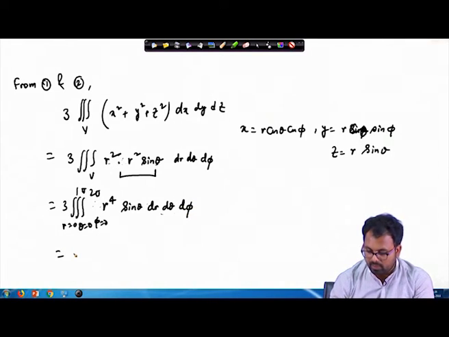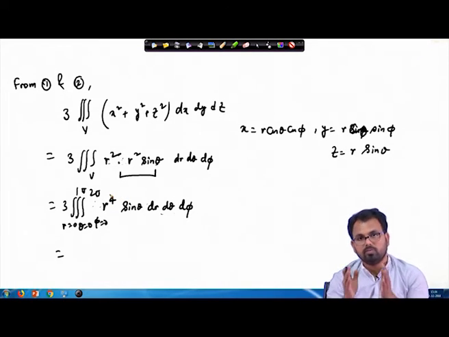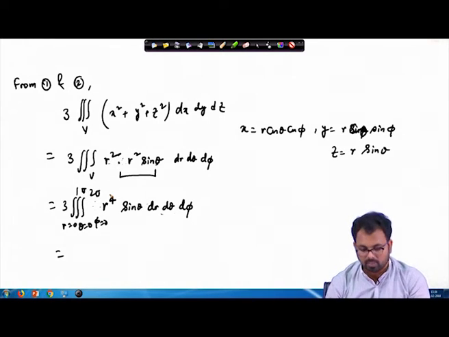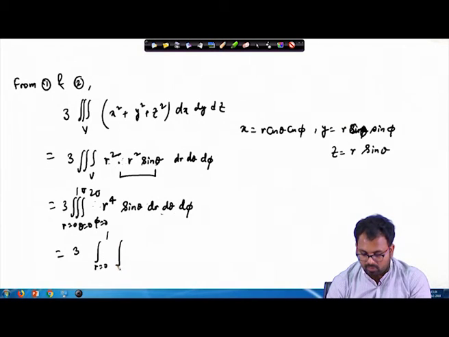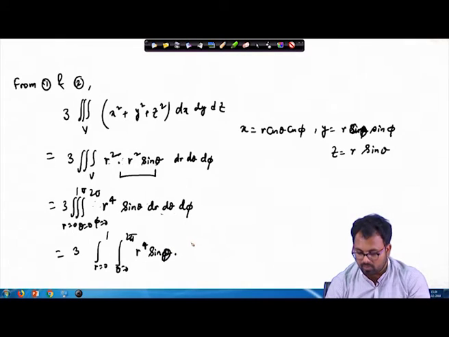So, we can integrate because they are not in a way involving theta and r together. So, we can integrate with respect to r for the integral with respect to r, and we can integrate for theta for the integral with respect to theta. So, first we will integrate with respect to phi, the integral from 0 to 2 pi d phi, and here we will have dr d theta.